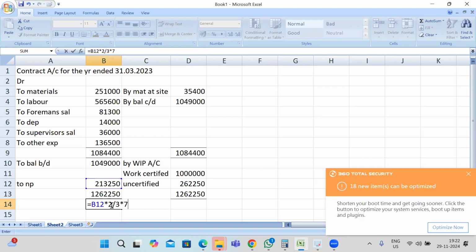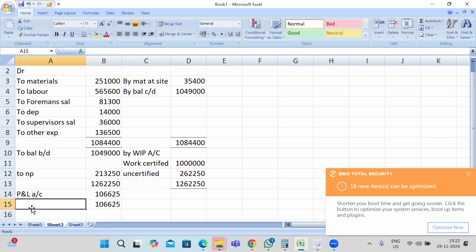So 7,50,000 divided by 10 lakhs. So 1,06,625 is transferred to the P&L account, and the remaining, 2,13,250 minus 1,06,625, again I will be getting 1,06,625, is kept as reserve, that is provision for contingencies. So to work in progress, this is for contingencies.